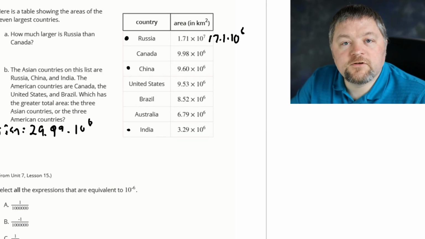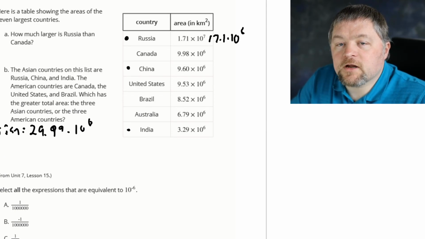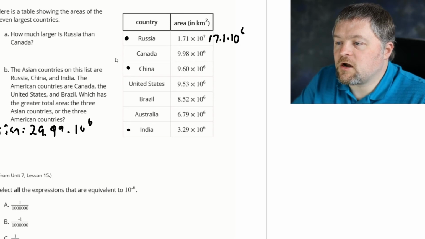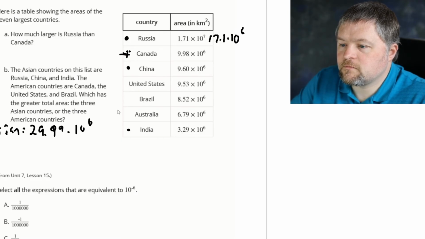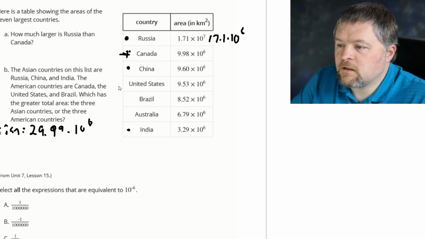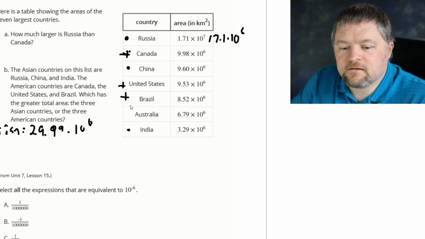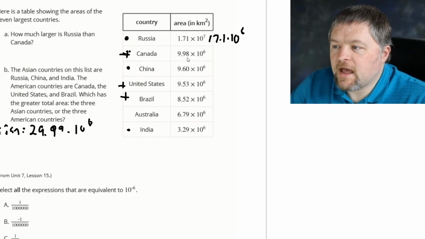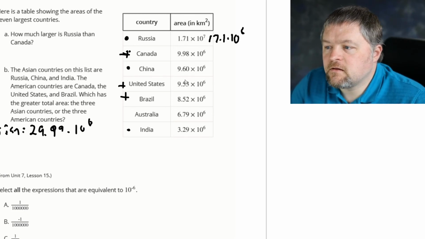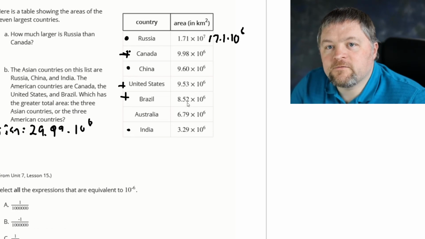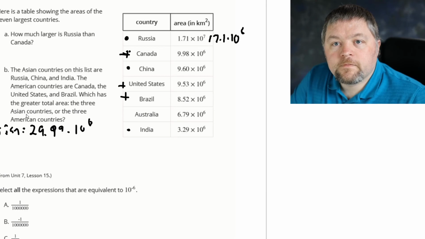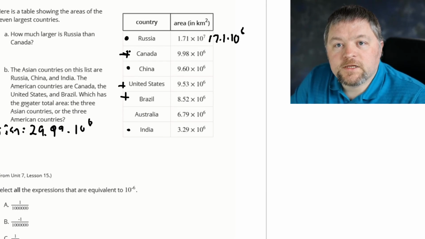So then we have to do the same thing for our American countries, which are Canada, the United States, and Brazil. So we have to add 9.98 plus 9.53 plus 8.52, which is 28.03.